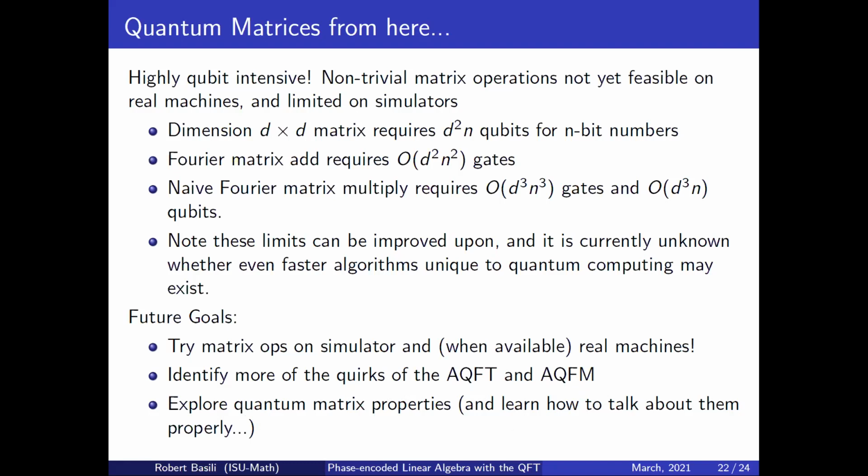I've been looking around and it doesn't seem like there's much work on explaining how to talk about them and what their properties are. So that seems like something we're really going to need to do, because these are precisely the data structures that quantum computers are going to best enable us to use.